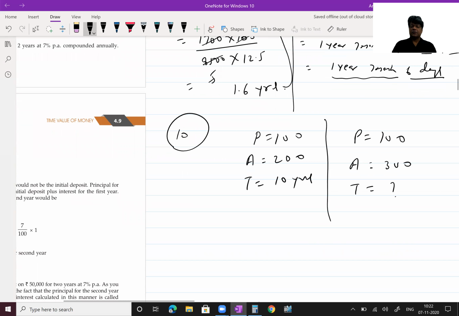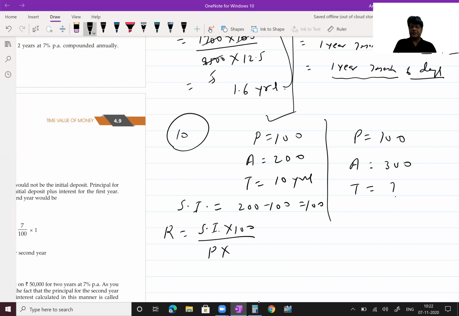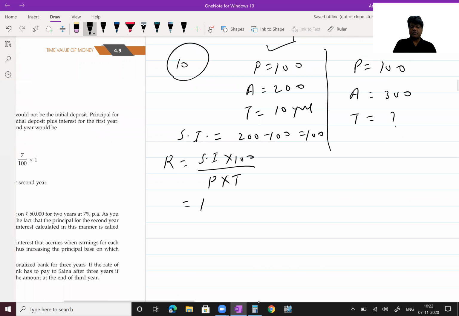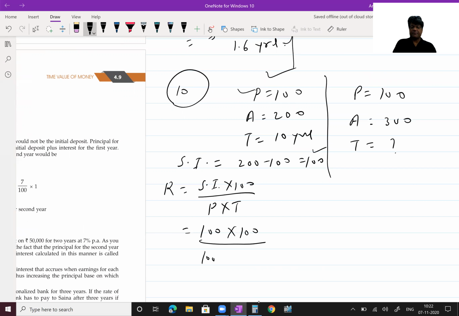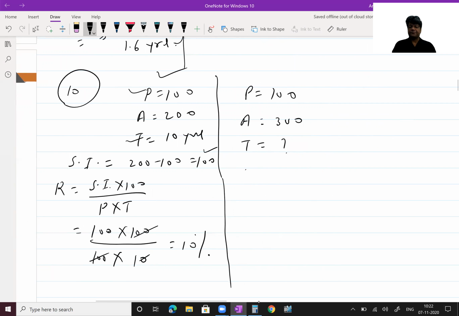That is the question. From this information, simple interest is equal to amount minus principal, that is 200 minus 100 is equal to 100. Then we calculate the rate by the formula simple interest into 100 by principal into time. Simple interest is 100, into 100, principal is 100, time is 10. So it is coming 10%. You got the rate 10%, use it here.